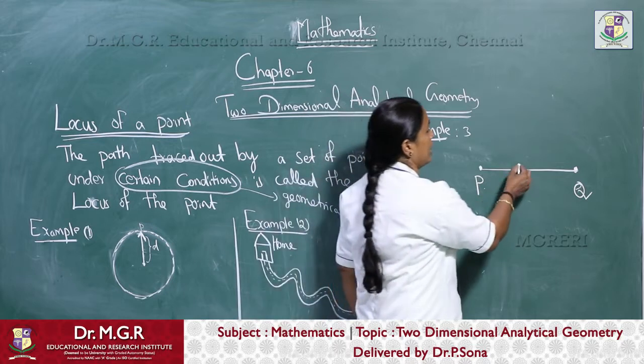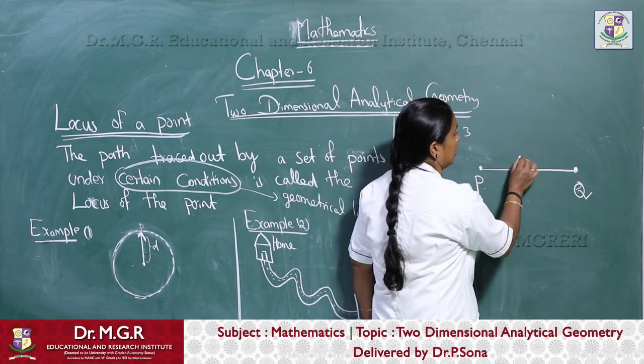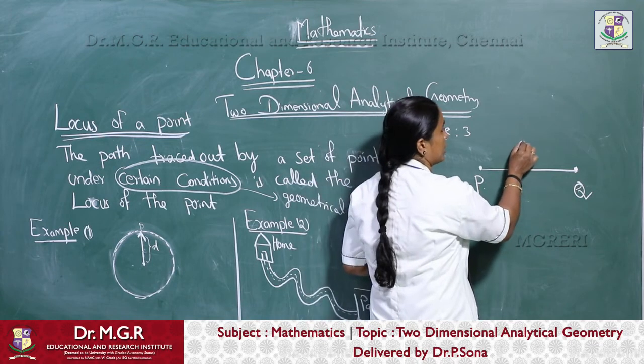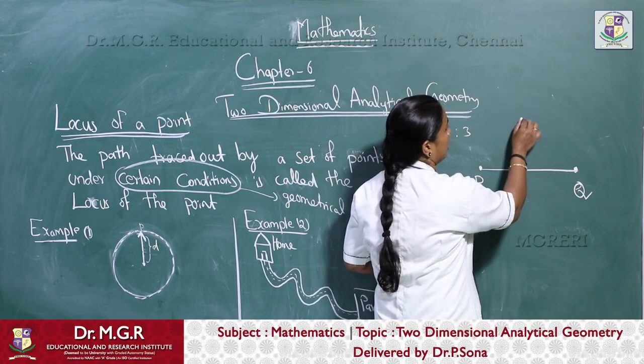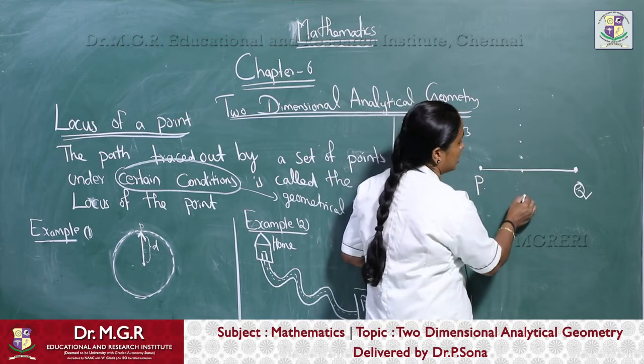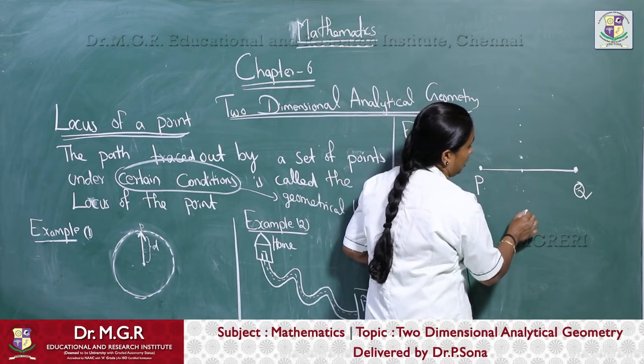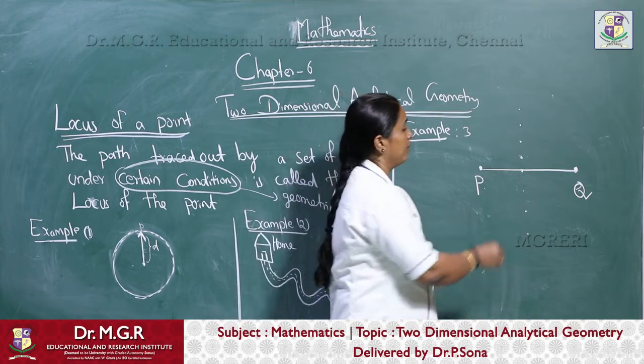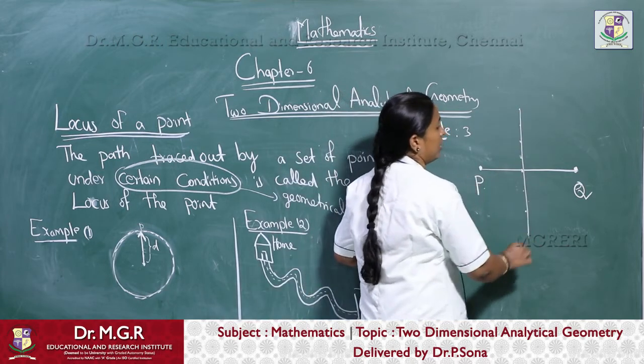Here similarly we can take this point as equidistant from these two points, and this point is equidistant from these two points. This point likewise, and similarly this side also will come like this. By joining all these points, we get one straight line.